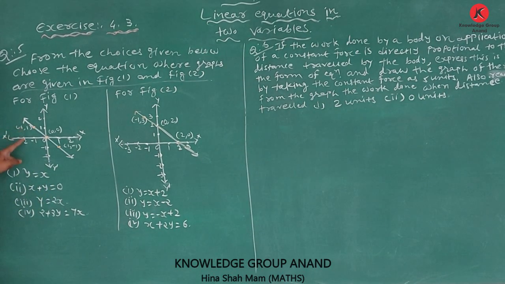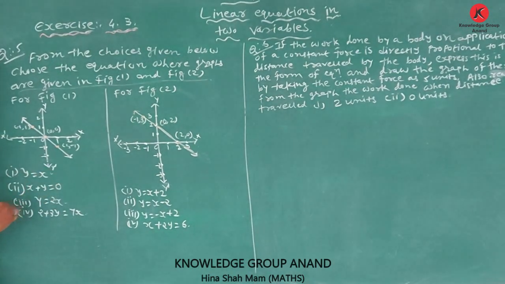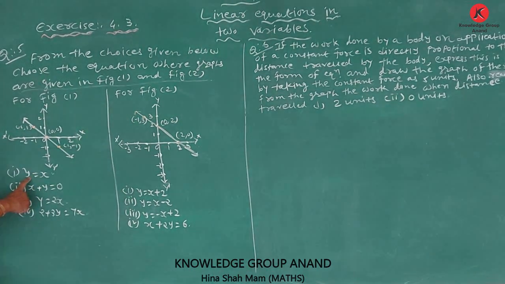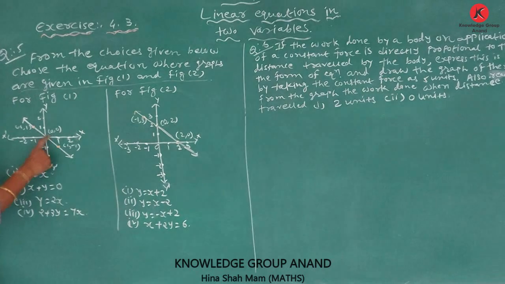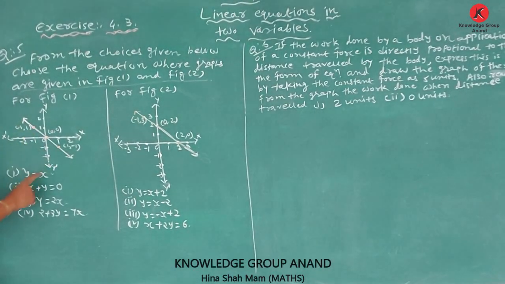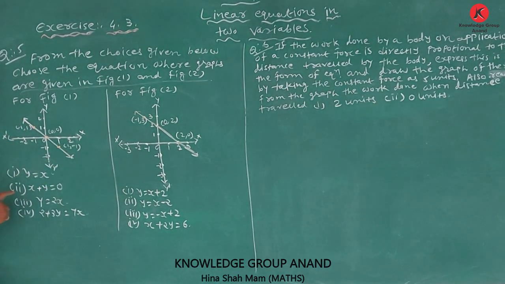Taking equation 1, y is equal to x. Putting x equal to -1 and y equal to 1, therefore (-1, 1) is not valid. For (0, 0) it is valid, but it is not valid for all 3. It does not satisfy these three points.